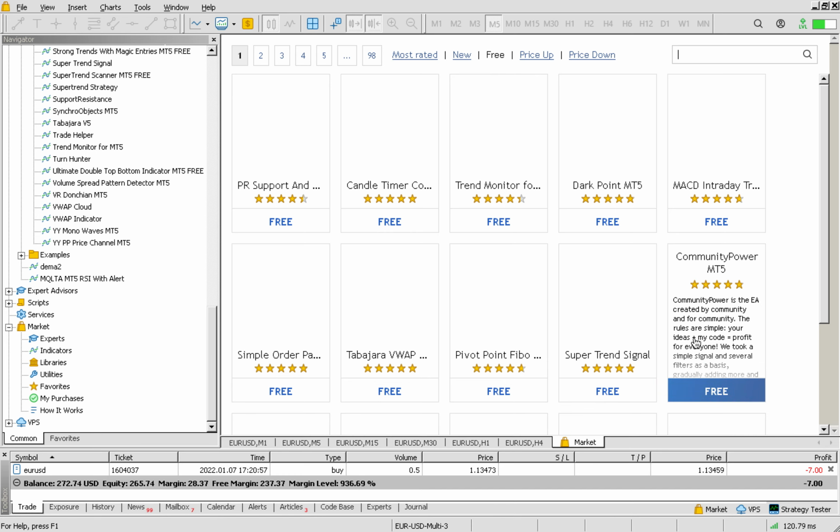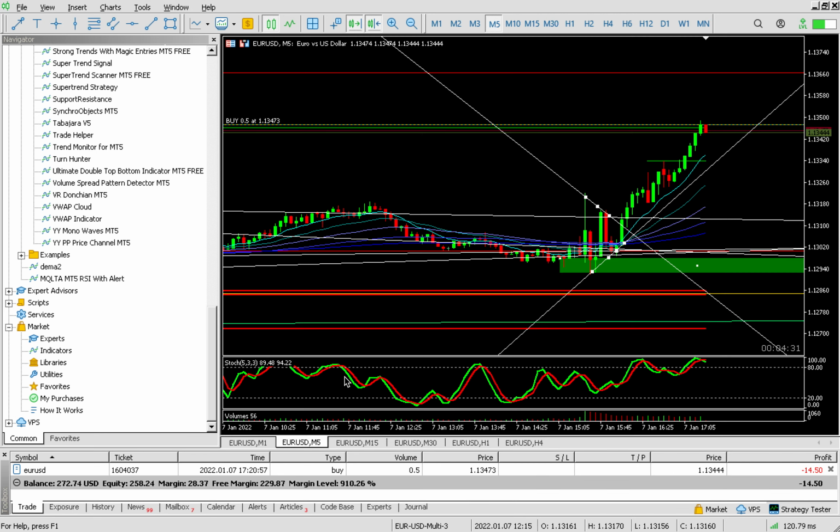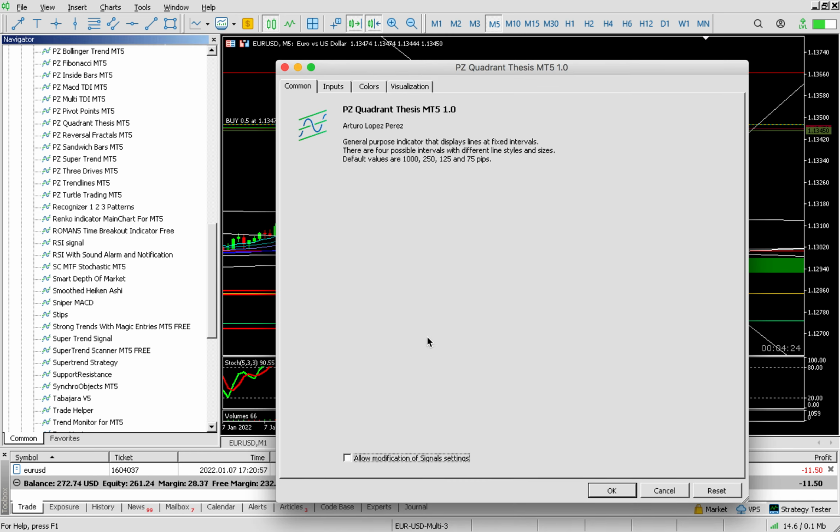Oh, can't remember what it's called. PZ quadrant theory. Yeah. Thesis.